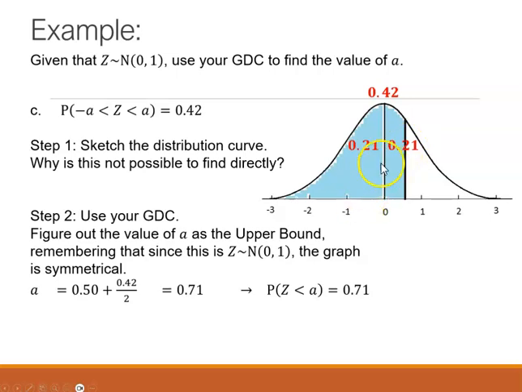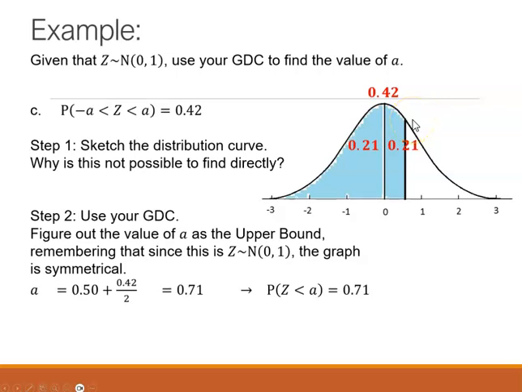So what I have then, if I want to do this whole section, this piece is 0.21. And then from 0 over, that's 50%, right? So that's going to be 0.7. That'll allow me to find the upper.